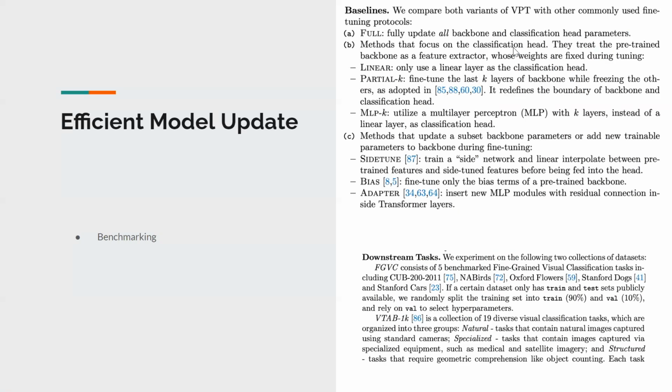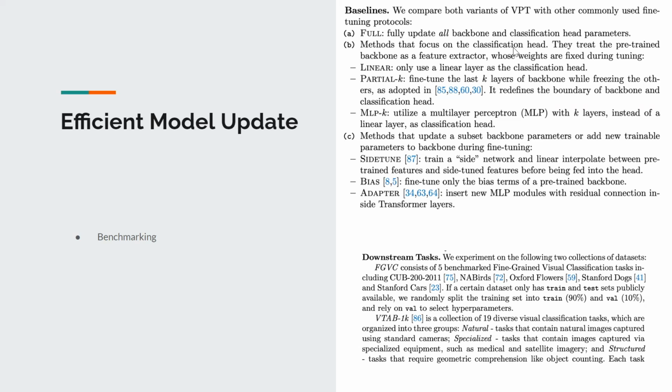Here's a slide where I talk about what we compare with. We compare with just updating linear layers, a single linear layer for the classification head. We also compare with partial-k, where we only fine tune some layers of the backbone. MLP-k, where we utilize more than a linear layer, an MLP with k layers.